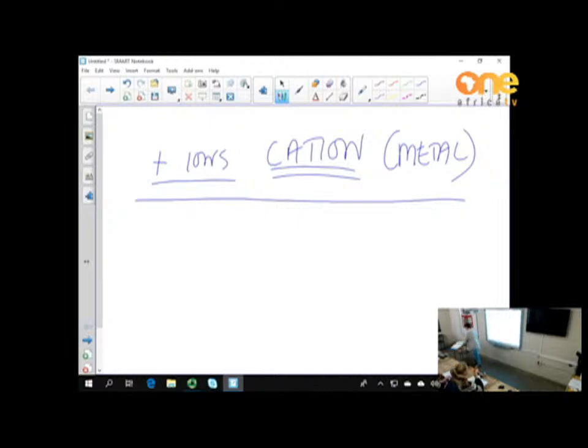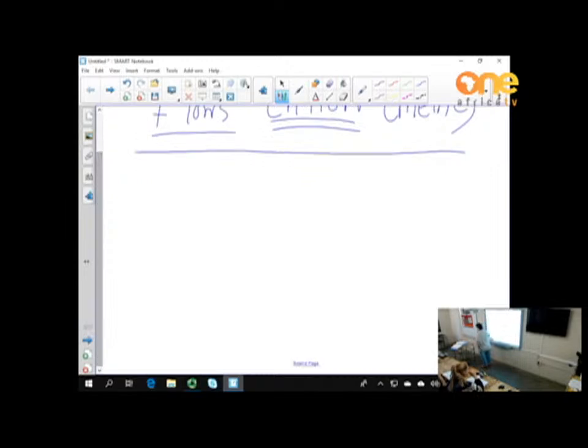Now, on the next page, there is a table of the different metal ions that we must be able to test for. On page 87, we have aluminium, calcium, and zinc, and there's a reason why I write them next to each other.